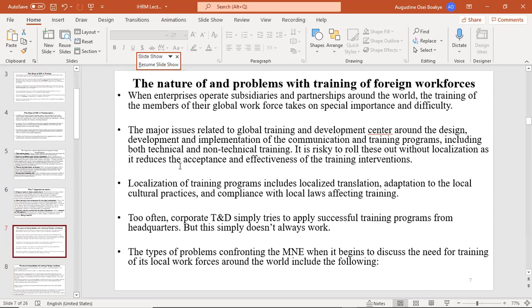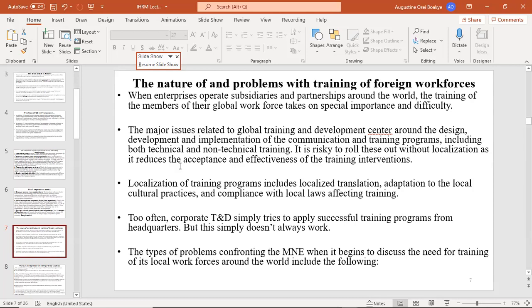Now, we are going to shift to the nature of and problems with training of foreign workforce, in an attempt to train people for international assignments or to train experts or to train people in multinational enterprises, both at the headquarters or subsidiary.